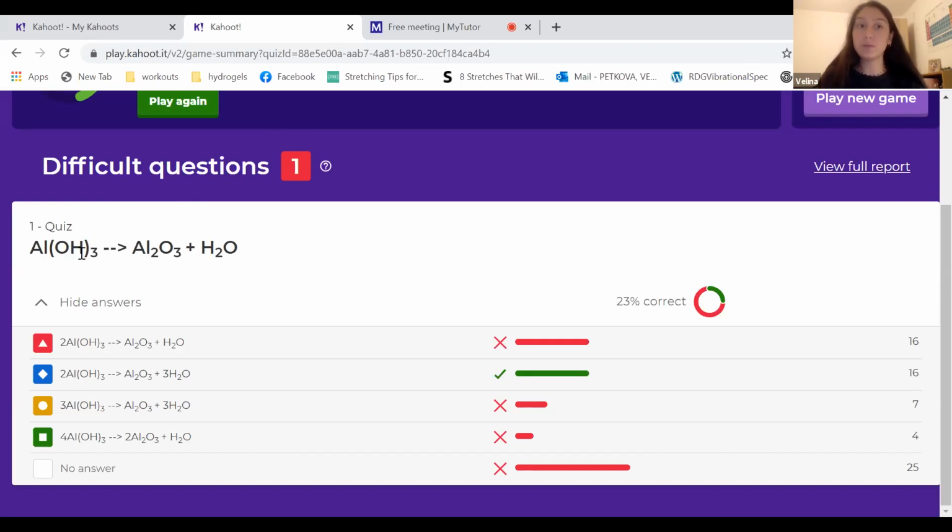So 2 times 3 is 6 oxygens on the left. However, now we've still got 4 oxygens on the right. So if we put a 3 in front of the H2O, then we're going to get to 6 hydrogens and 6 oxygens in total. I'll go through it more on the whiteboard.